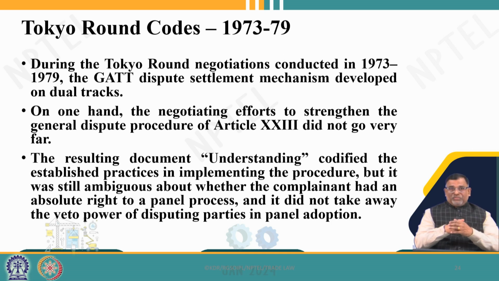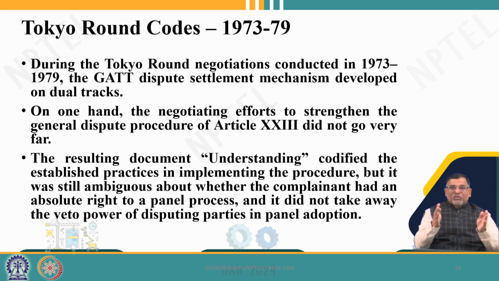And also, in the Tokyo round of negotiations, the members were highly dissatisfied with the GATT system of dispute settlement, and they wanted to come out with an agreement or code or understanding, but that did not happen. But as a result, they came out with a document known as the understanding. It is a codified practice since 1947.